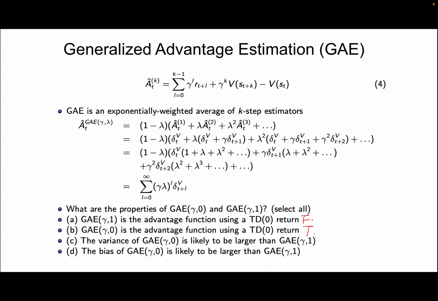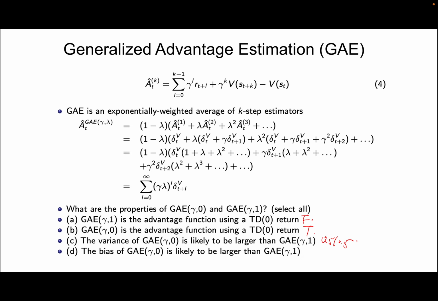And variance of GAE gamma 0 is likely to be larger than GAE gamma 1. How about this one? False? True? Half and half. The bias of GAE gamma 0 is likely to be larger than GAE gamma 1.